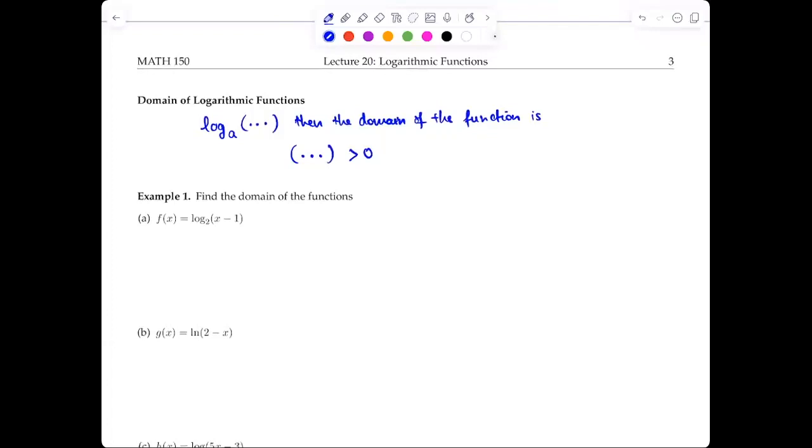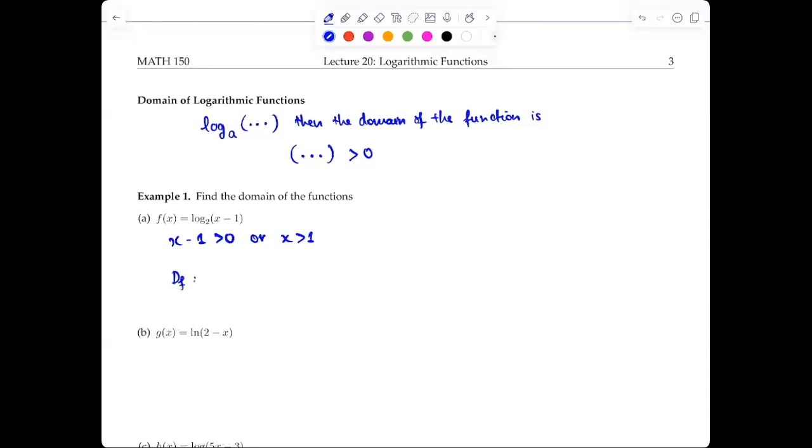Let's consider some logarithmic functions. The first function is log base 2 of x minus 1. Again, three parts that we need to consider: log, base 2, and whatever is attached to the first two parts. This is going to be greater than 0. So x minus 1 is greater than 0, or x greater than 1.